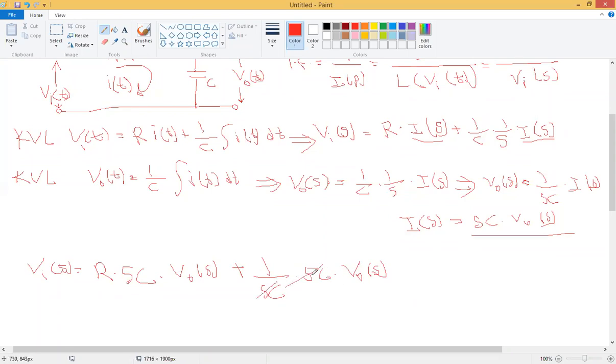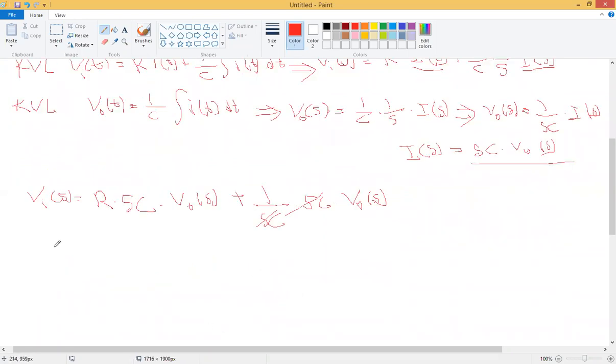Here 1 upon SC and SC cancelled. So it becomes Vi of S is equal to SCR into V of S plus V of S. V of S is common.